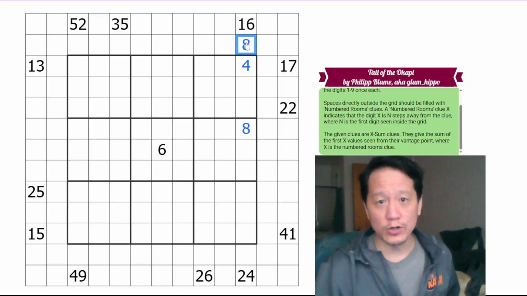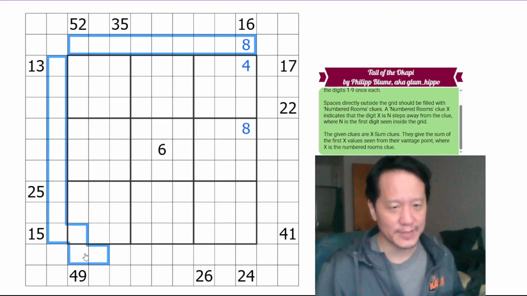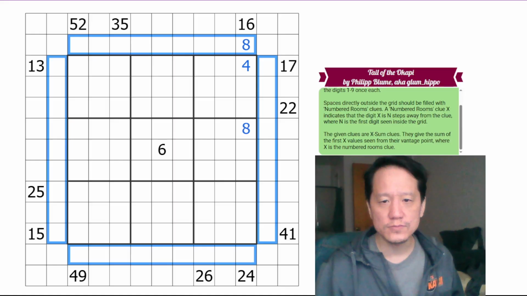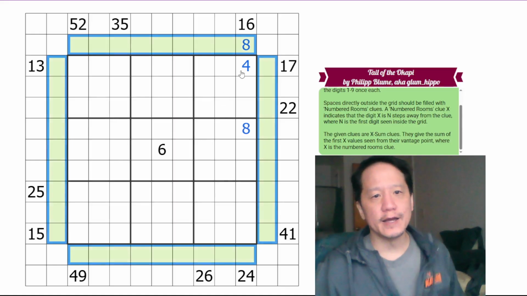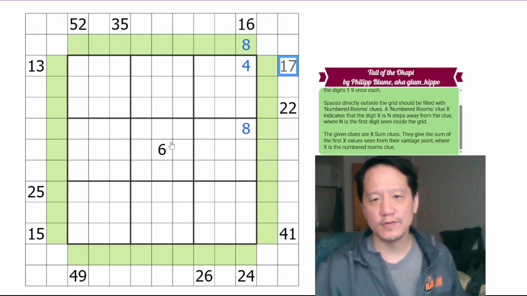But basically, we're going to have numbered rooms clues in all of these cells. The numbers that are given, I'm assuming this does not include this one. I don't even know how that would be an X-sum clue.